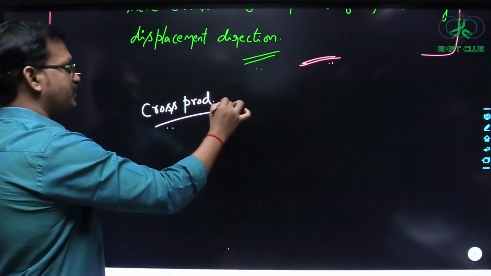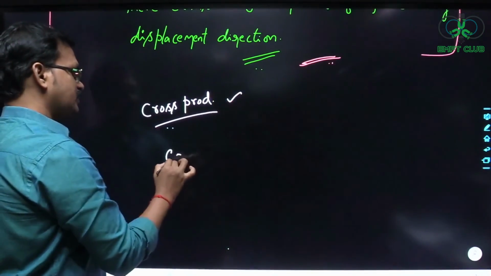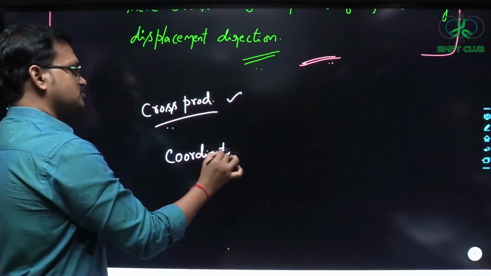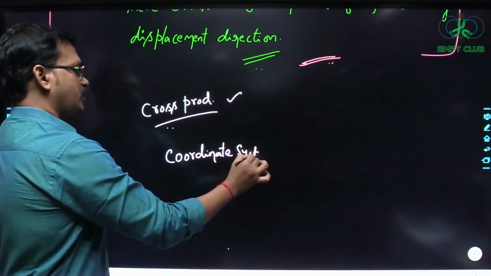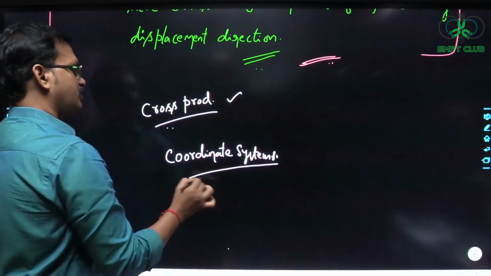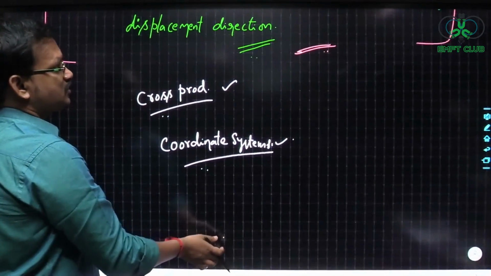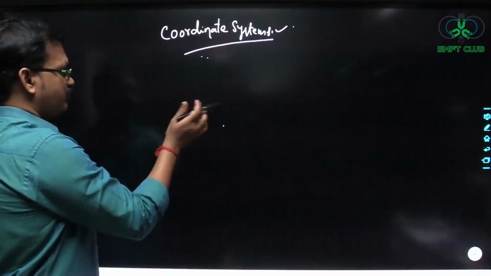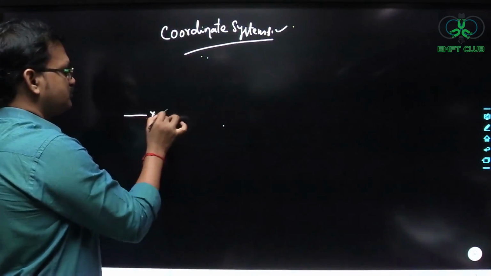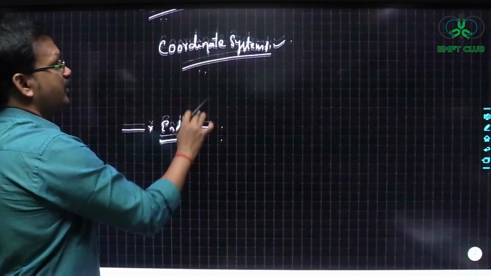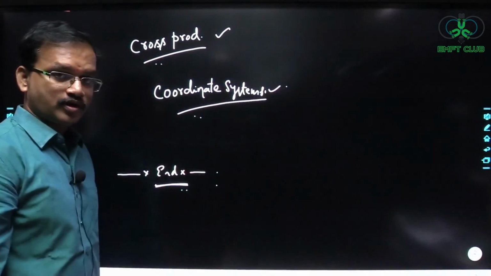Once we complete this, if possible, in the next lecture itself, I am going to start coordinate systems. As far as this lecture is concerned, I am ending the session now. We will meet in the next lecture with cross product.